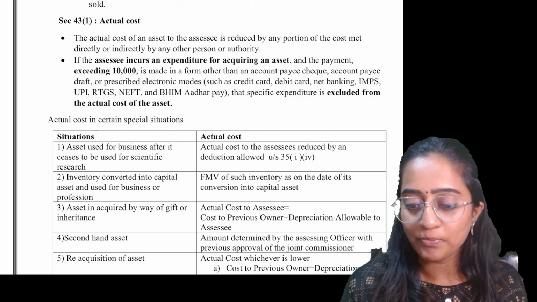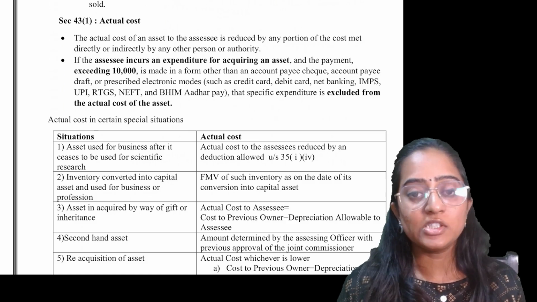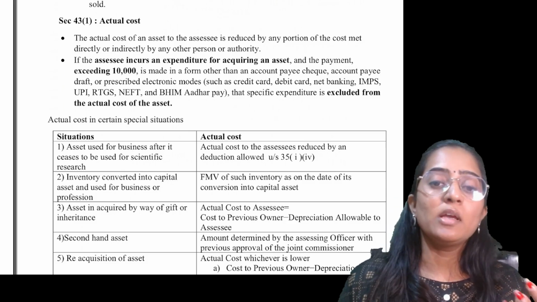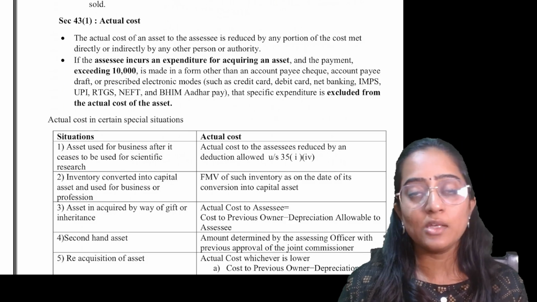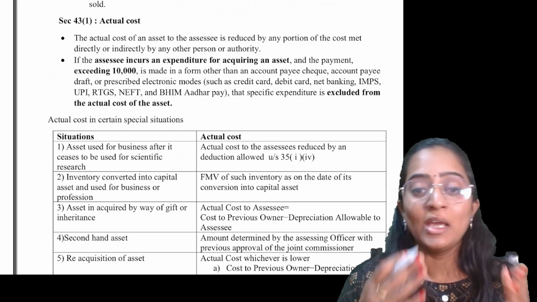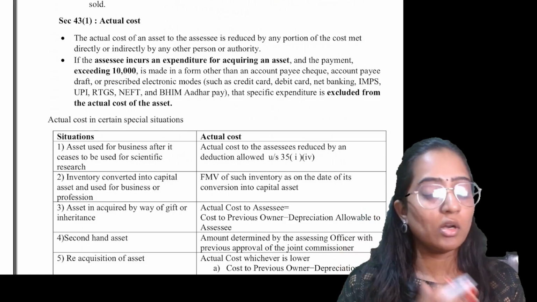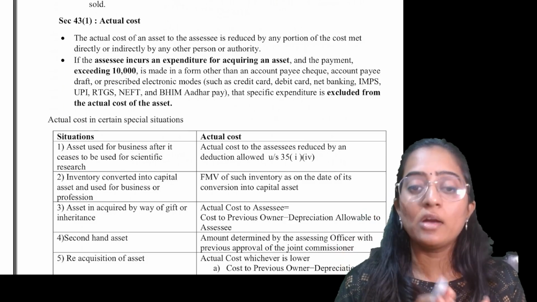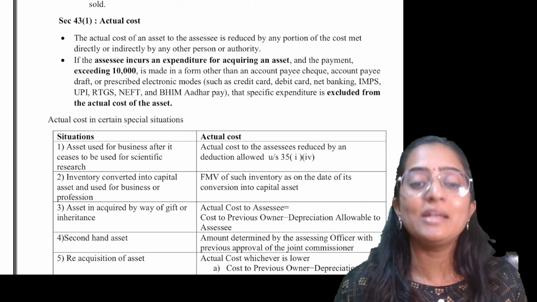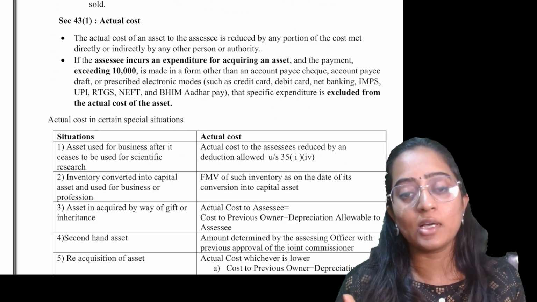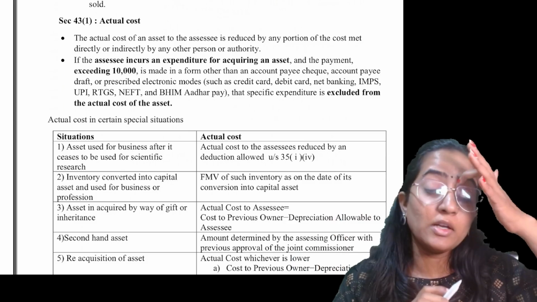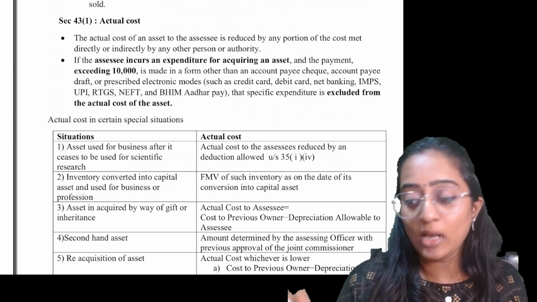Now, for the actual cost of the asset, remember there's a section called 40A(3) wherein cash disallowance would be considered. If you're making the payment other than by account payee cheque, account payee draft, or any other electronic clearance mode, that is, apart from PhonePe, GPay, your bank account, if you're making some payment in cash or other than account payee cheque or account payee draft, then whatever cost is paid that way would not be considered as your actual cost.